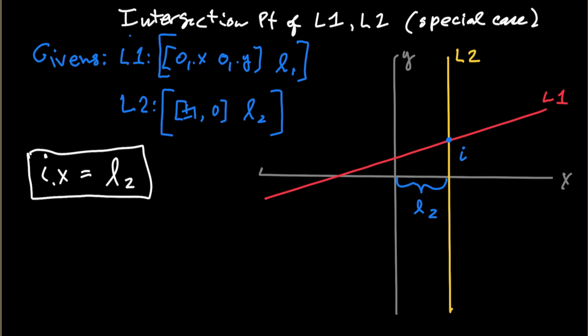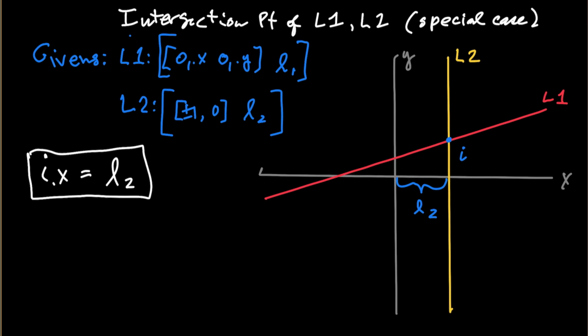Okay, so now we're going to approach this using some algebra. Looking at the red line, all we need now is to figure out the y-coordinate of the intersection point. We're going to do this with some algebra using the line equation for L1.